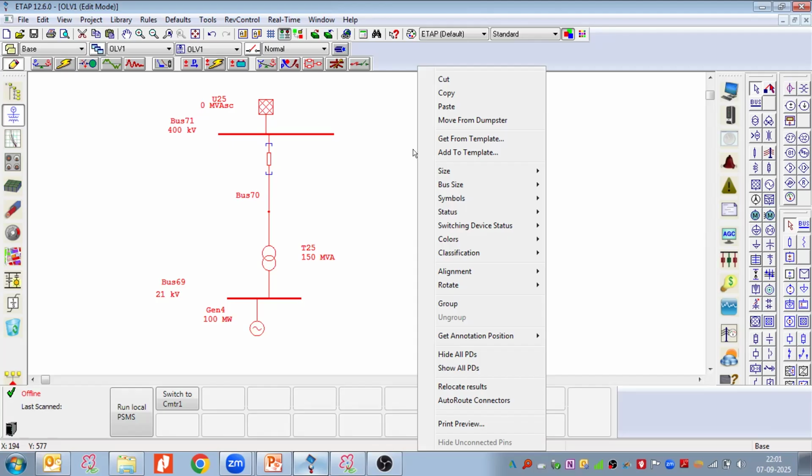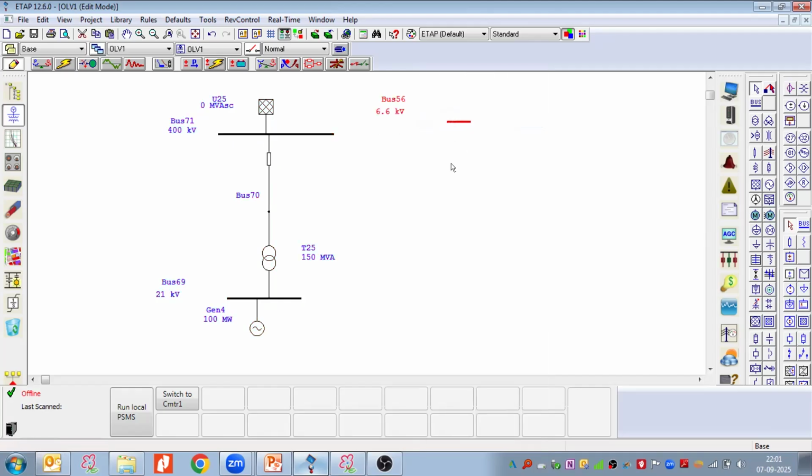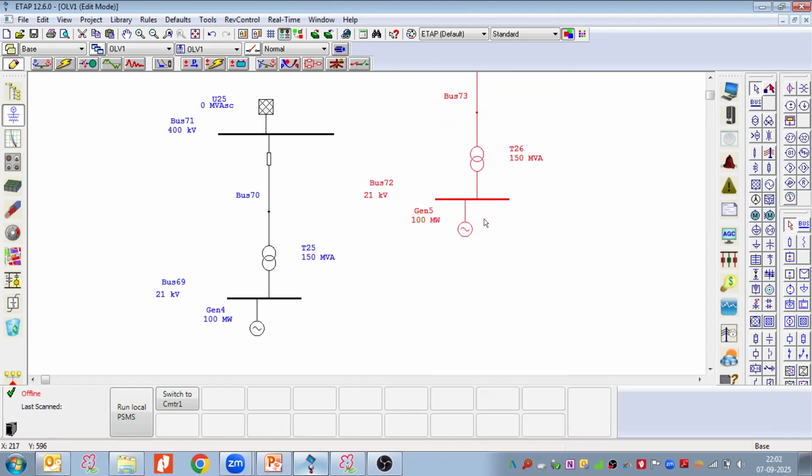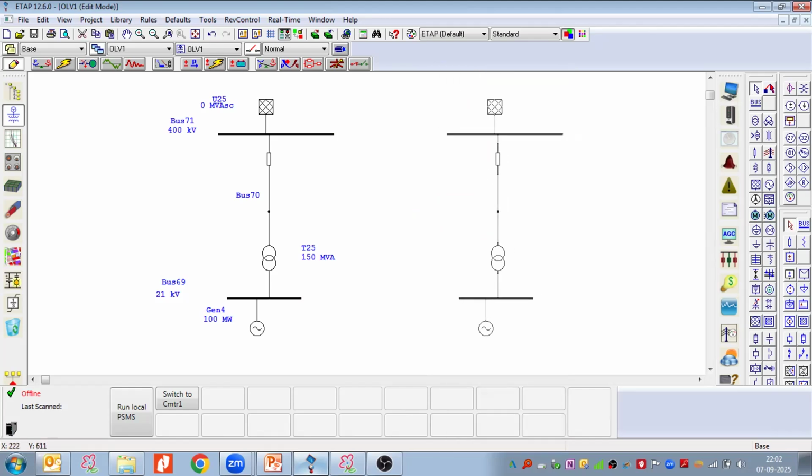So select the whole system, press Control C, then right click and choose move from dumpster. So the whole system can be copied over here.